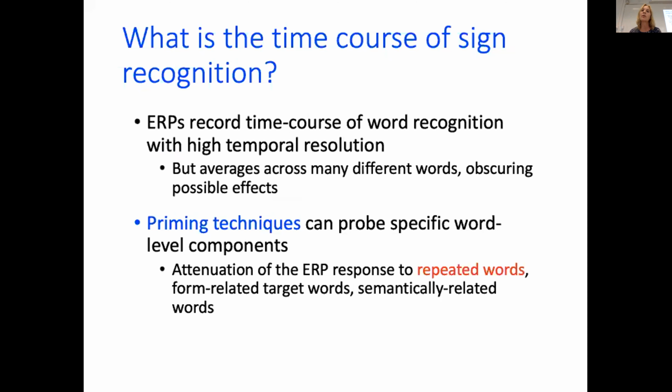In this way, you can look at particular word components by looking at the same word preceded by different types of primes. And what you look for is the attenuation of the ERP response in different conditions. So the first study I'm going to tell you about is with repeated words. We're also going to look at form-related targets, so how different form-related primes might affect target word processing. And you can look to see when and where this reduction in the ERP components occurs.